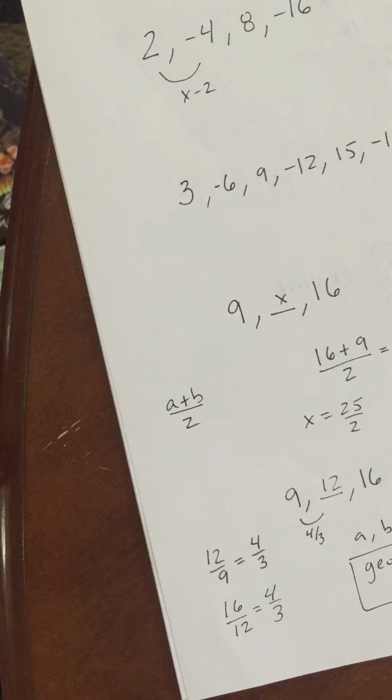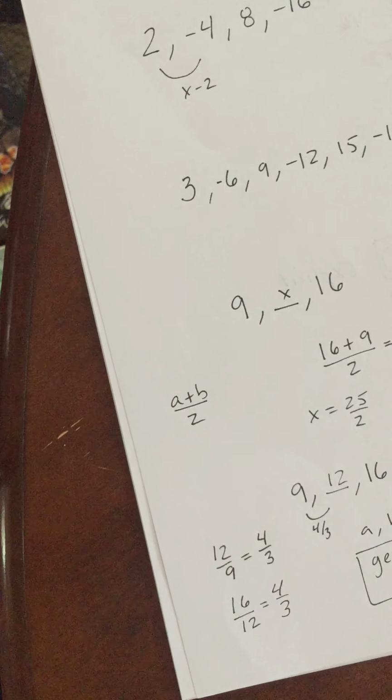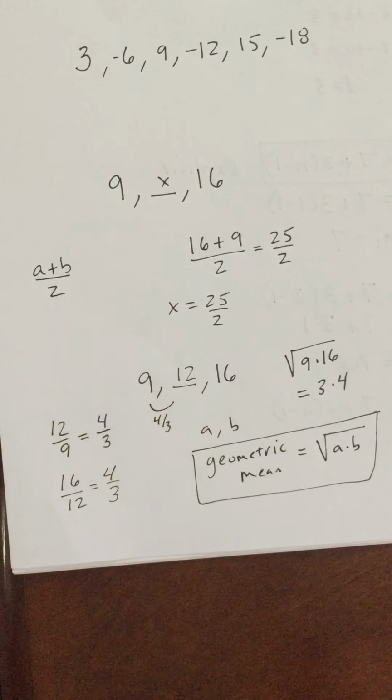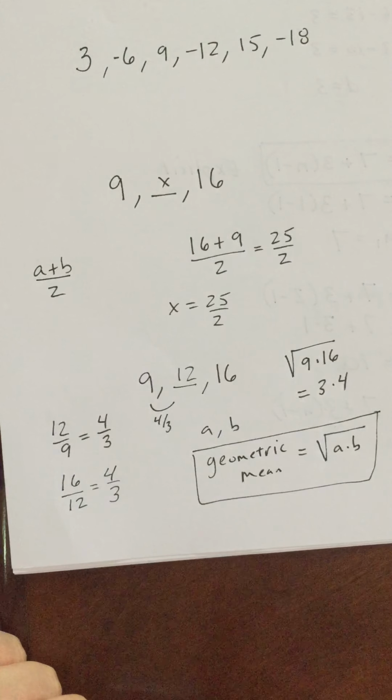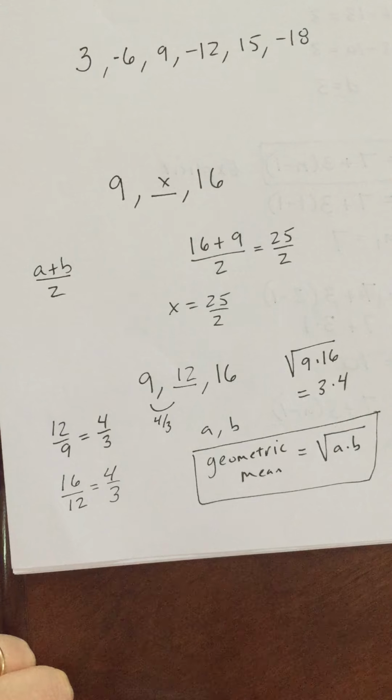Hopefully that's a little more intuitive to you. So anyway, it's a really pretty easy problem to find the middle number in a sequence. If you have just two numbers, if it's arithmetic, find the arithmetic mean. If it's geometric, you want to find the geometric mean, which you now have the formula for. So hopefully that'll clear up a couple of extra problems on the quiz that you'll be taking.